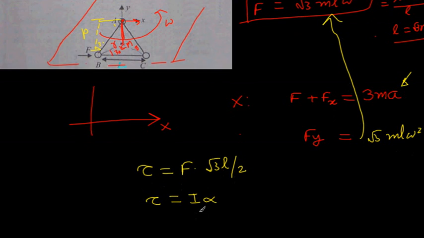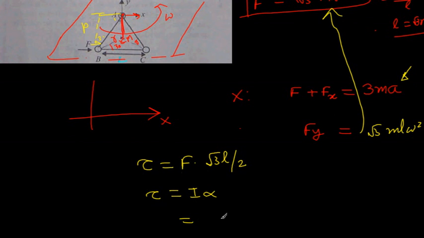I is like m r square, so m L square plus m L square again, because it's revolving around this point. The total I is 2 m L square, into alpha.